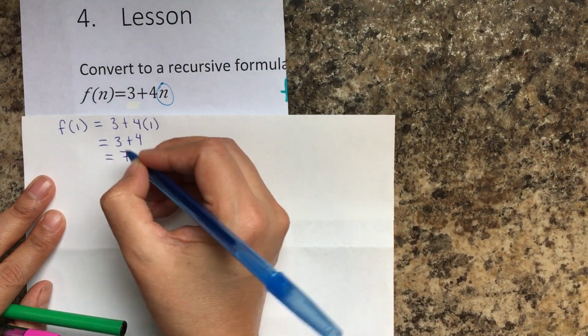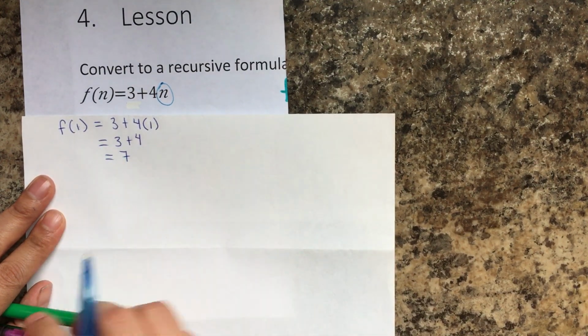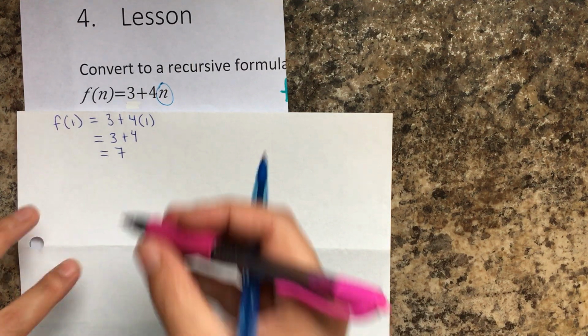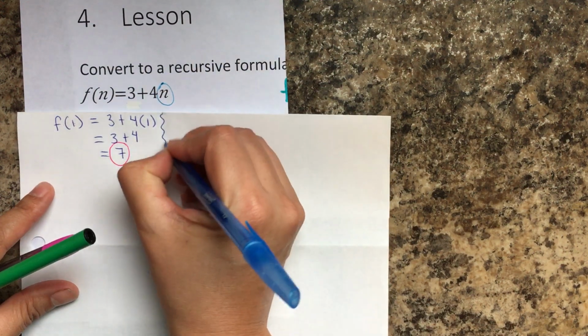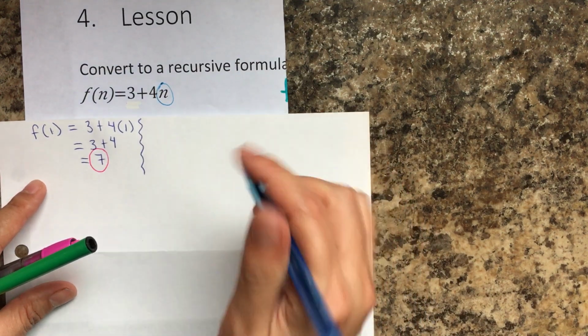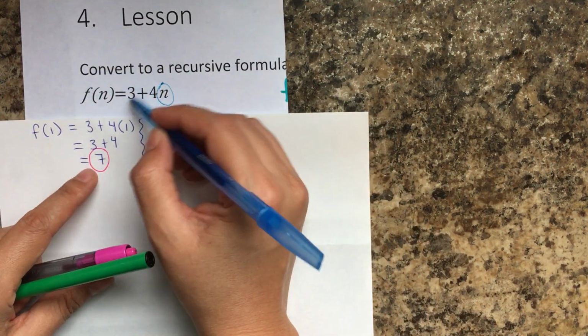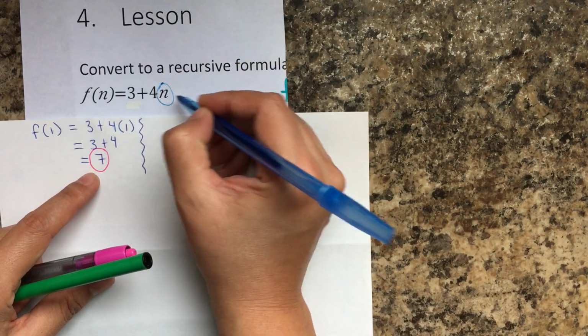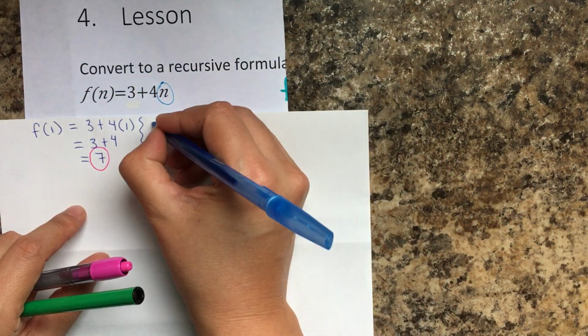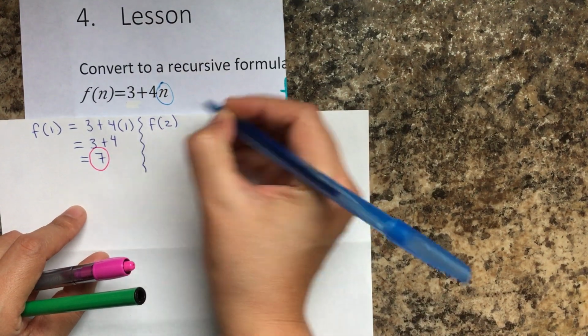And that's equal to 7. So f of 1 is my initial point because it's the first term in this explicit formula. Again, we cannot find it immediately. Some people would say, oh, the initial point is 3. Only if it was with n minus 1 in here, but it's not. That's why we have to do the list.